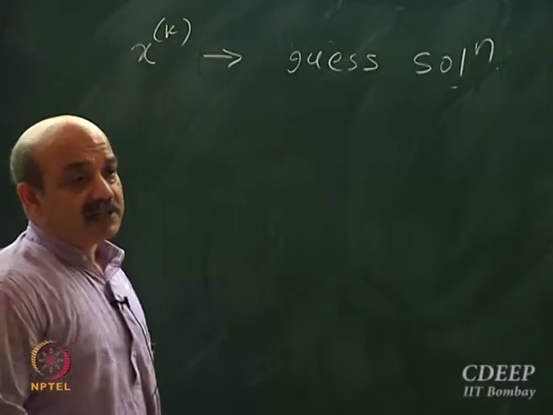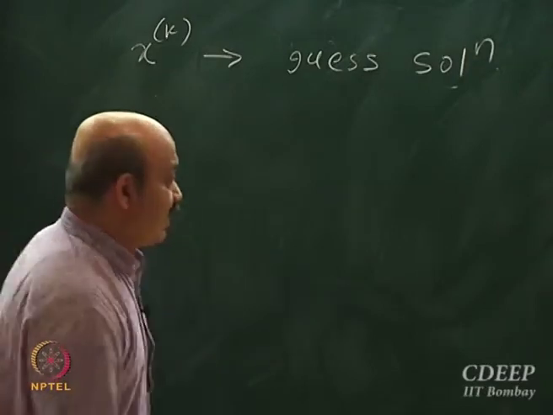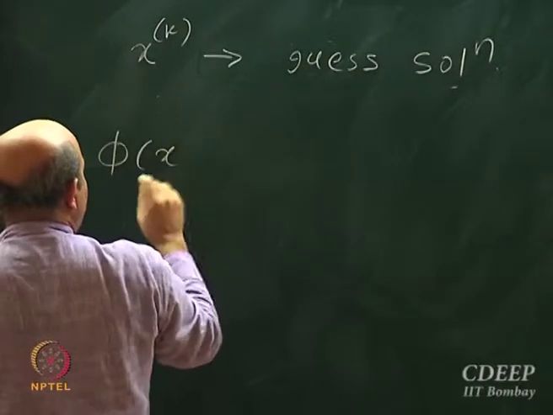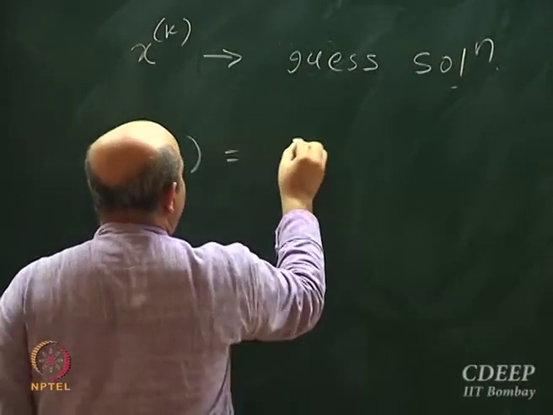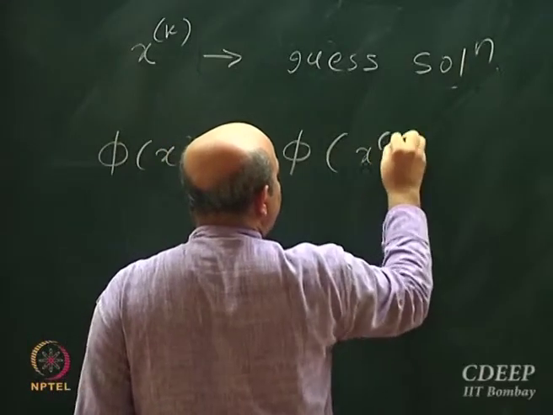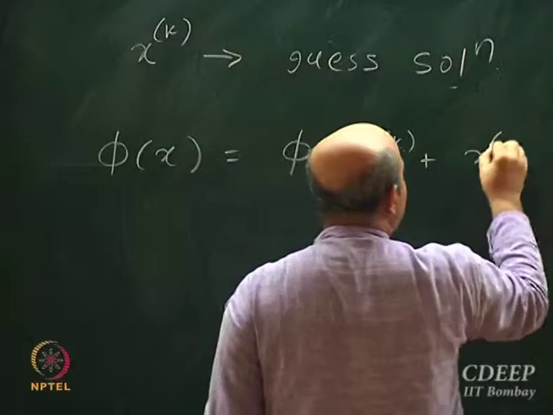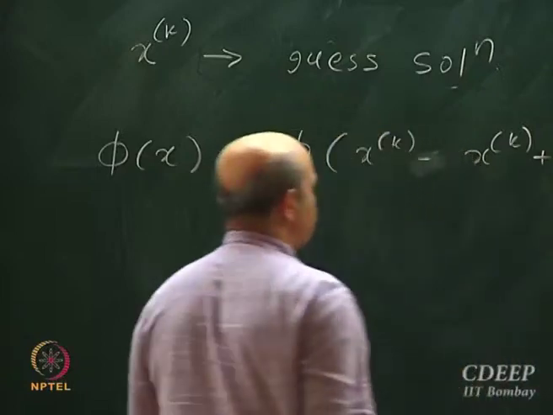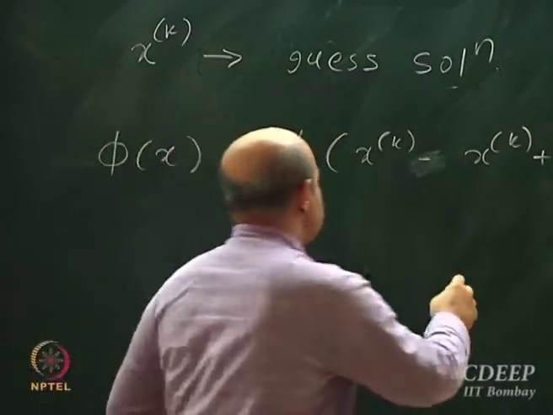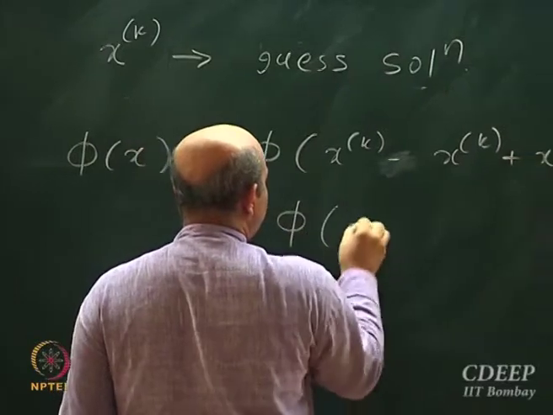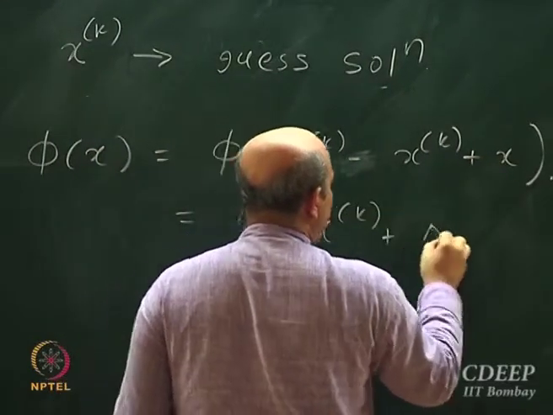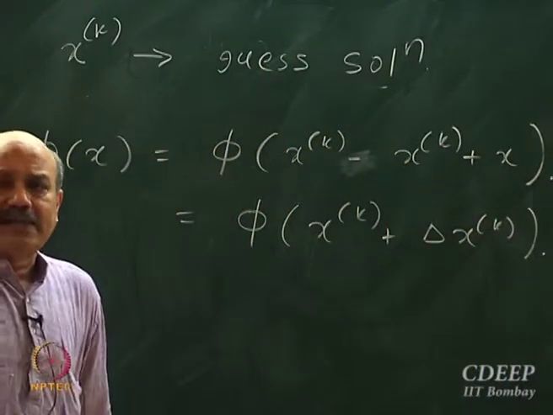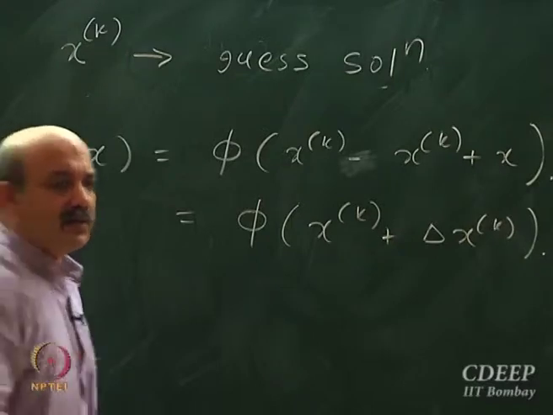Well, our good old friend is the Taylor series theorem, and I am going to use it. Phi x I am going to write as phi of xk plus delta xk, where delta xk is obviously x minus xk.